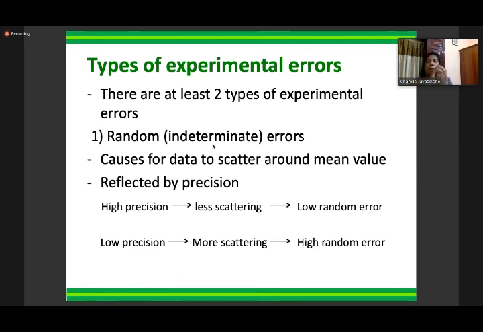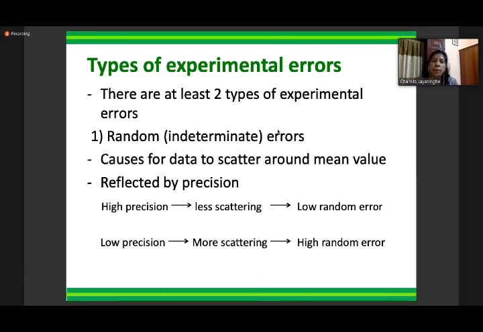If precision is very high, all data points are very close to the mean value. But in the case of random error, the data points are very scattered around the mean value.